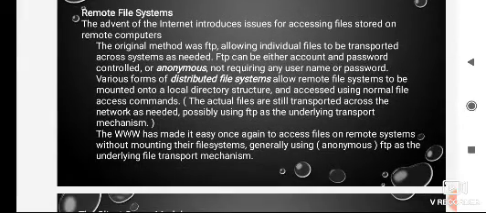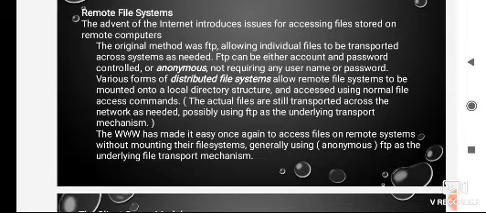The remote file system. The advent of the internet introduced issues for accessing files stored on remote computers. The original method was file transfer protocol, allowing individual files to be transported across systems as needed. The file transfer protocol can be either account and password controlled or anonymous, not requiring any username or password.